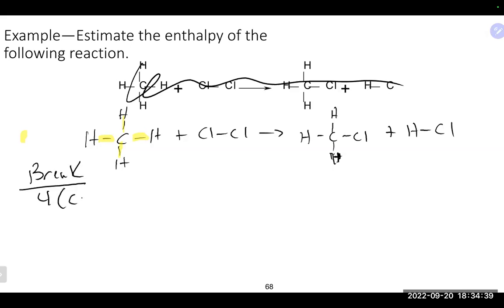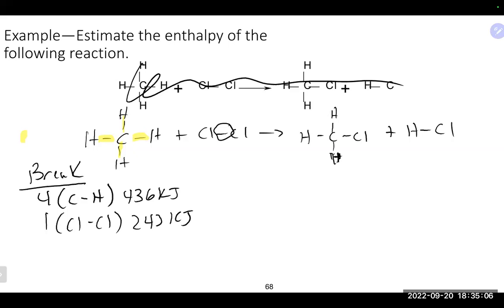If we go to our table, the carbon-hydrogen single bond is 436 kilojoules of energy. We also need to break 1 chlorine-chlorine single bond, which is right there. In the table, the chlorine single bond is 243 kilojoules. I believe that is all the breaking we will be doing here today.